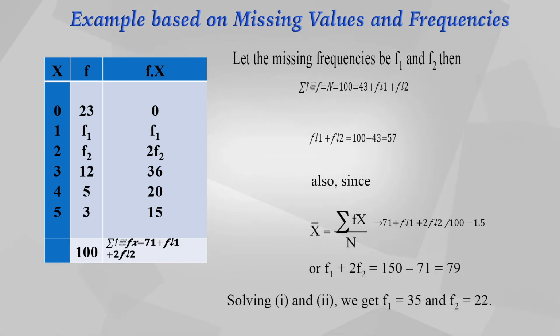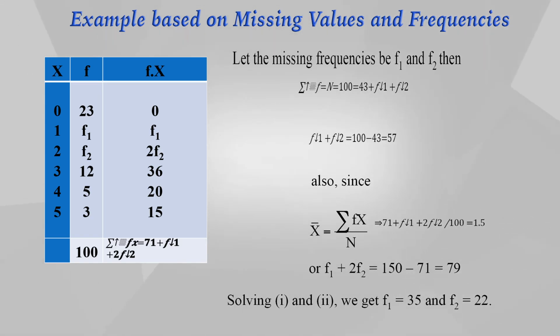So, the first equation was f1 plus f2 equal to 57 and the second equation we got is f1 plus 2f2 equal to 79. If we put the f1 plus f2 value from the first equation in the second equation, we get f2 equal to 22.